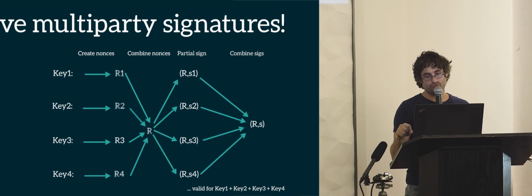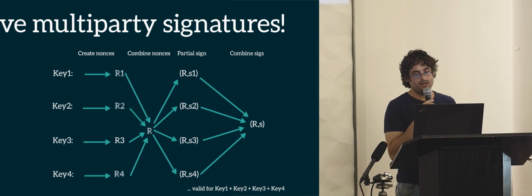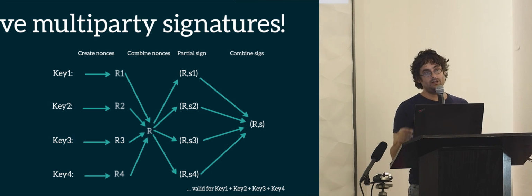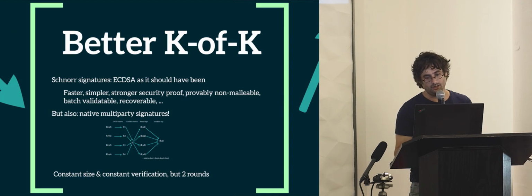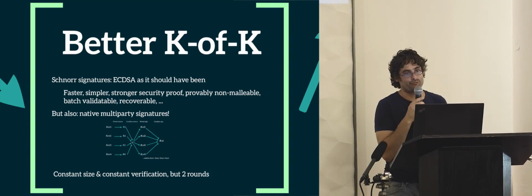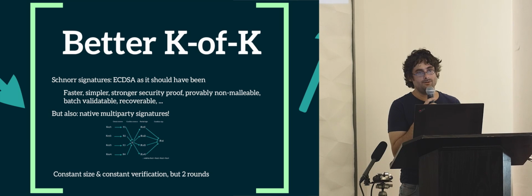And then in a second round, you would merge all these signatures together to produce a joint combined signature. And this combined signature is now valid for the sum of the public keys. So this really results in an amazingly performant multi-signature scheme, because what ends up in the blockchain is a single signature check. People don't even see how many keys were involved.